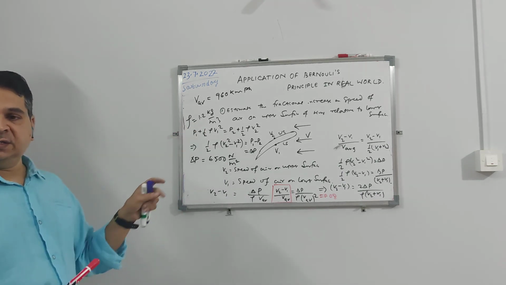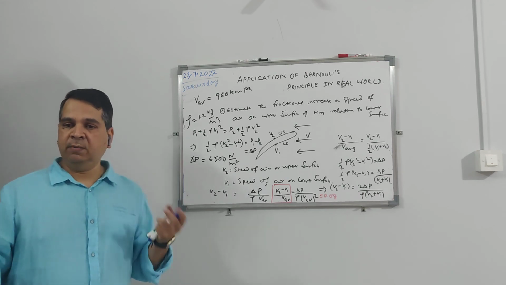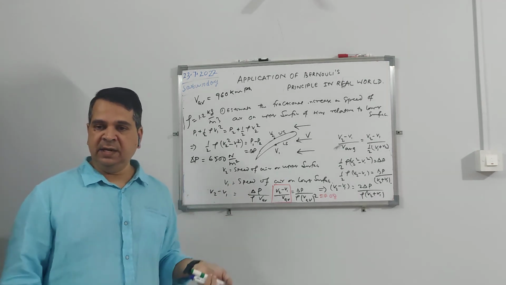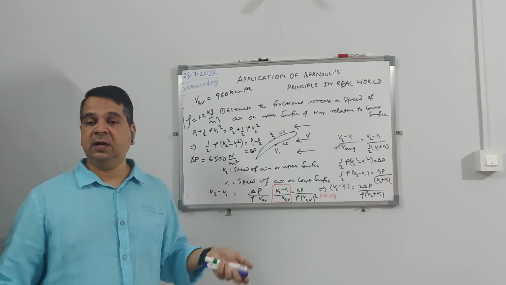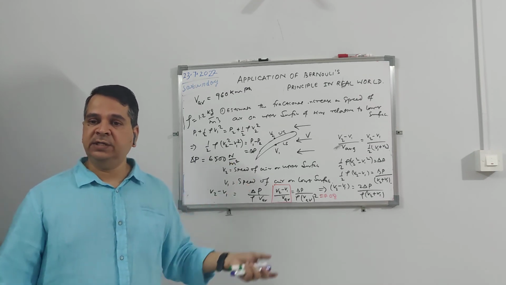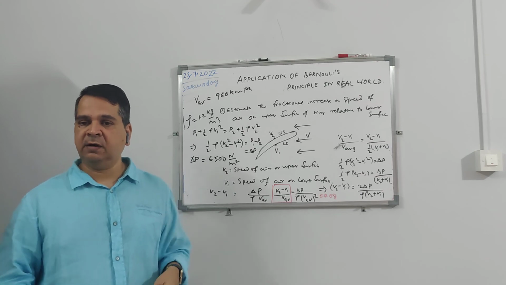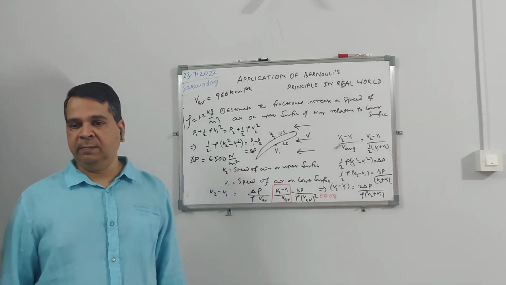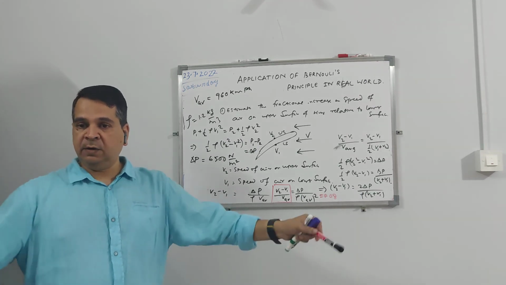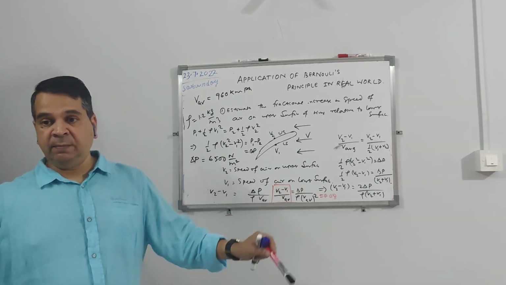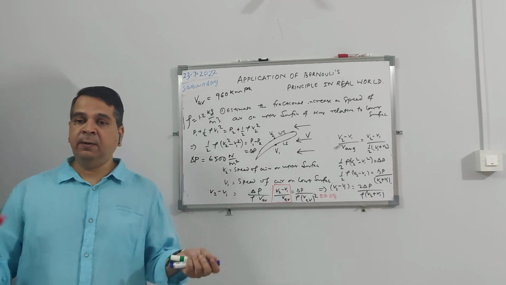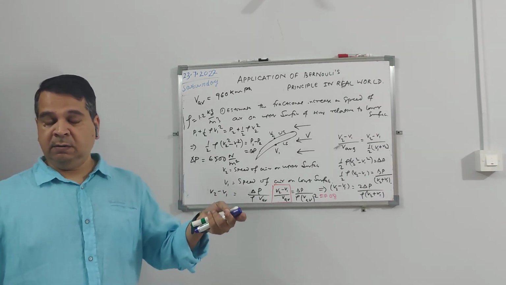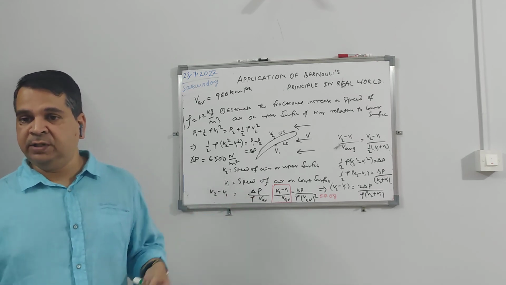Now we can understand how the Bernoulli principle is applied in aerospace engineering for designing an aircraft structure like a wing. When we start a conceptual design of an aircraft, the designer is first given the weight of the aircraft. Based on the weight, you decide the pressure difference, and so the lift.